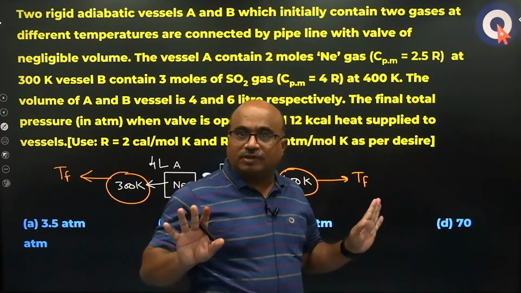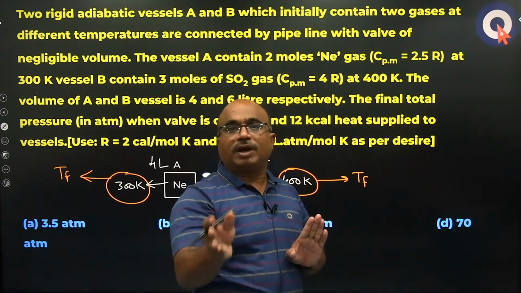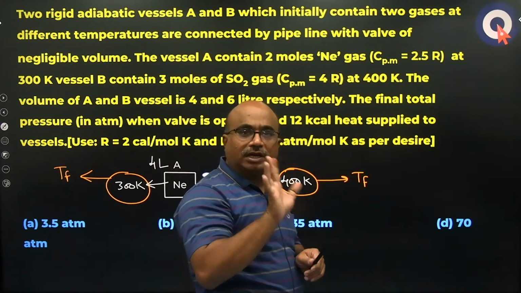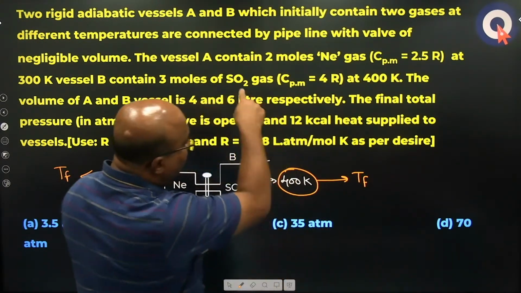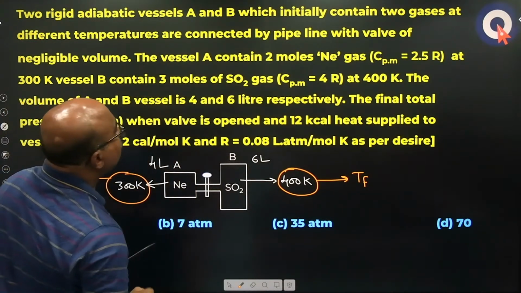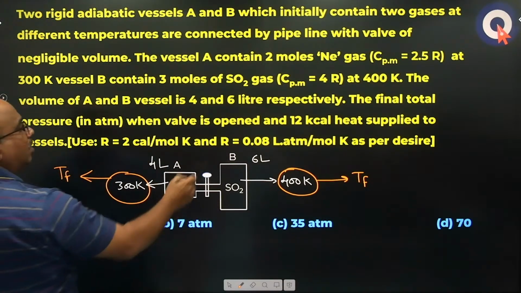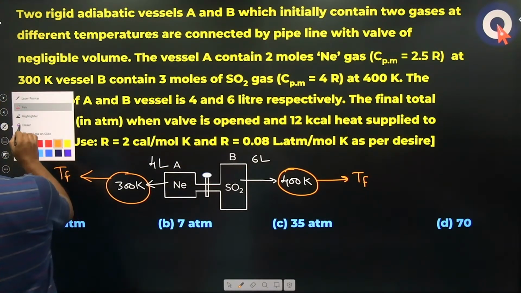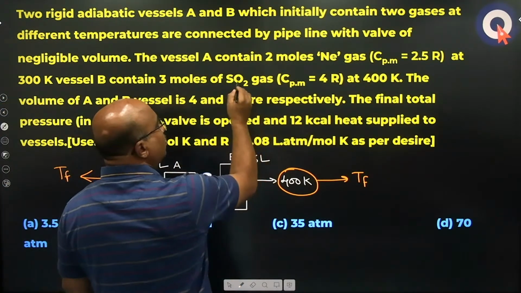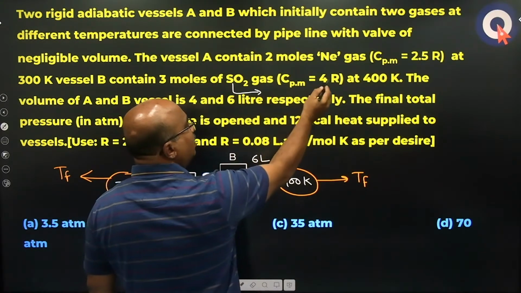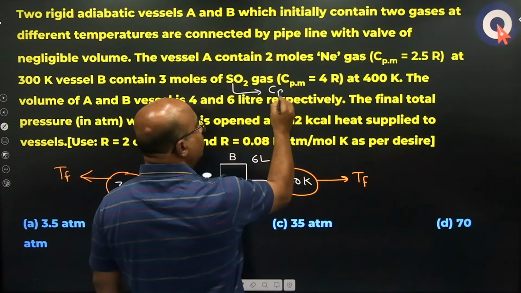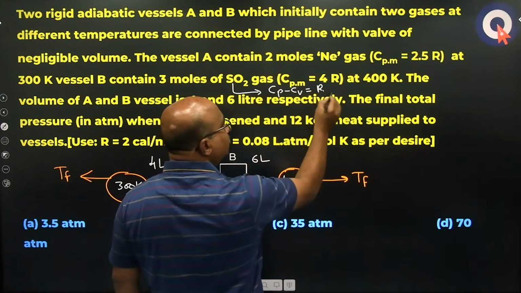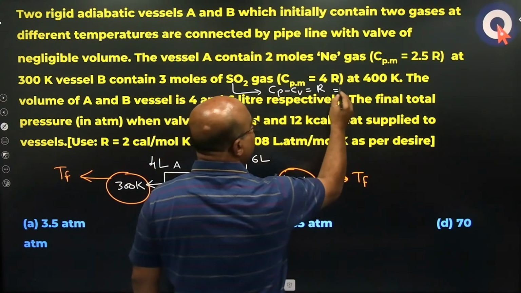So the volume remains the same, and the total heat supplied only increases internal energy. That is why we are writing internal energy there. So we have to take the CV values of the gases. If CP is 4R, then CP minus CV is equal to R, so CV for this gas is 3R.